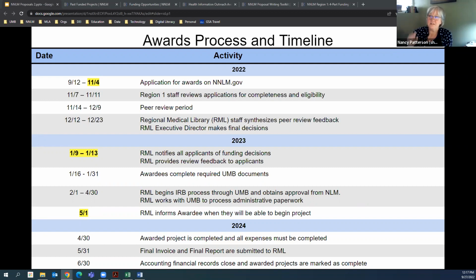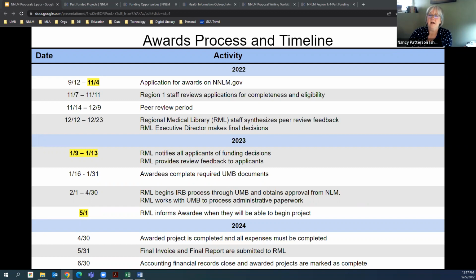The notifications, if your project is selected for funding, you'll get them by January 13th. So that's when you'll find out. This is after we've reviewed and we've had some peer reviews and really synthesized all of the applications and the rankings.